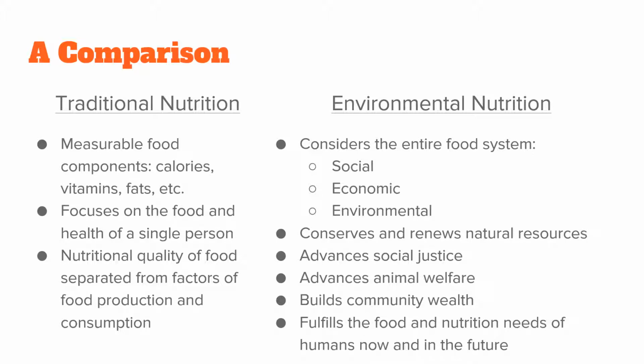In the environmental nutrition approach or framework or perspective, we would also aim to conserve and renew natural resources, rather than just identifying natural resources like nitrogen, phosphorus, and potassium, the three most common minerals used in fertilizing gardens and farms, rather than just saying, okay, these things exist in the earth now and we can mine them now.